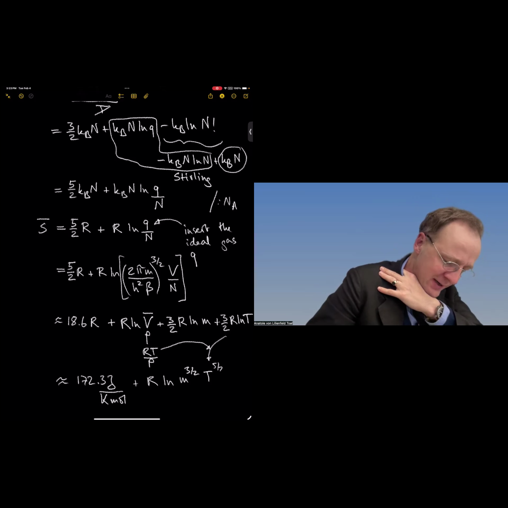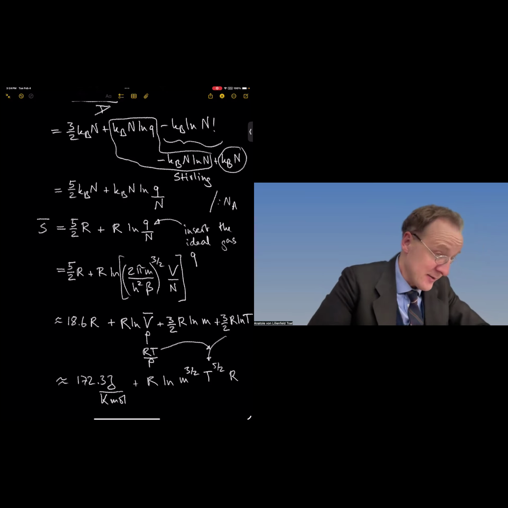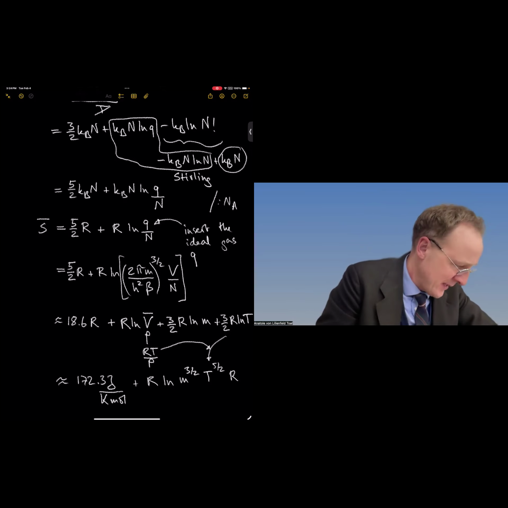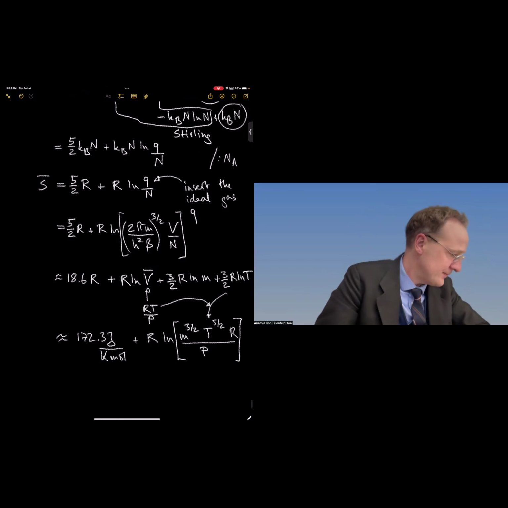That gives me 5/2 for T. I'm still left with a gas constant also from the substitution, the RT over P, and divided still by the pressure. Okay.